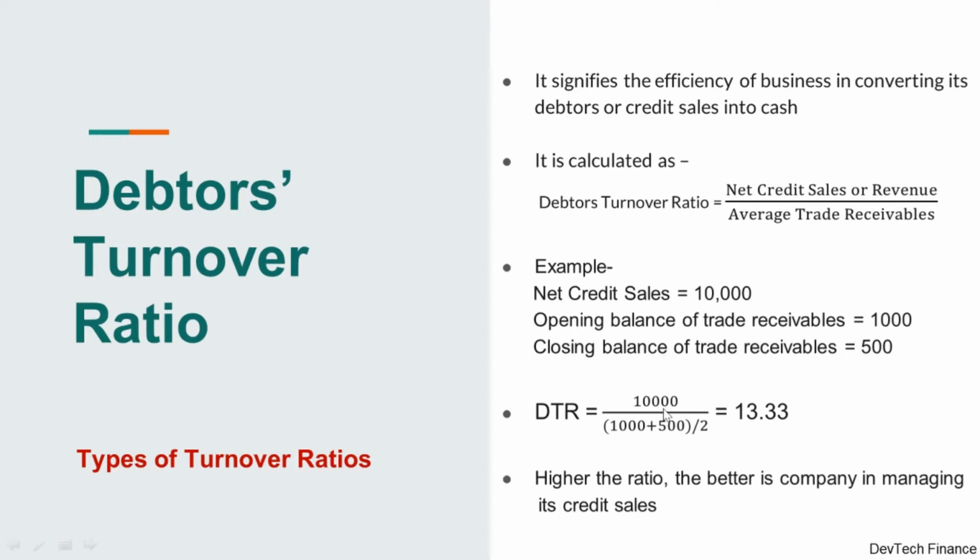So net credit sales we have taken as 10,000 and average trade receivable is opening plus closing divided by 2, and thus we had a figure of 13.33. The higher the ratio, the better the company is at managing its credit sales, and we are talking about this in respect of the sales being generated by converting the trade receivables in an efficient manner.